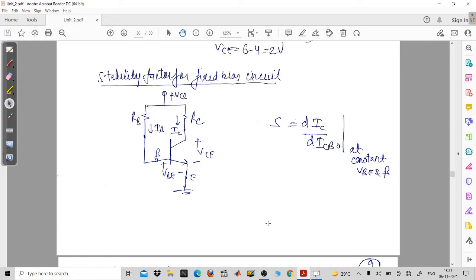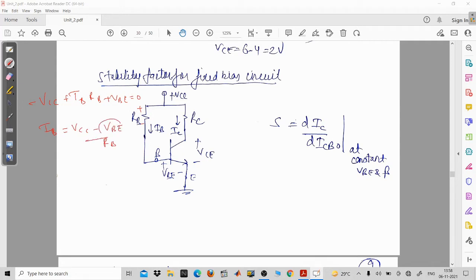To find the base current IB, you apply KVL in the input port. After applying KVL, this will be minus VCC, plus RB into IB, plus VBE, equals 0. So IB will be equal to VCC minus VBE upon RB.